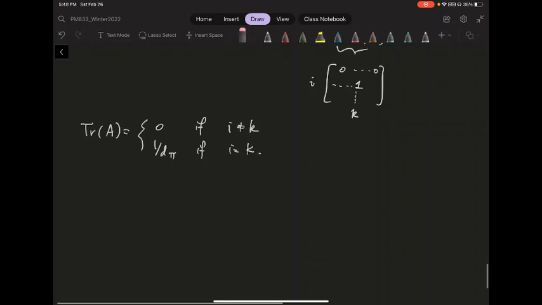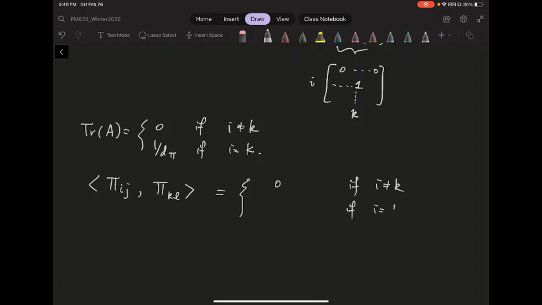So basically we plug this back into our formula. If I take the inner product of pi ij with pi KL, a lot of the time that's going to be equal to 0. If I is not equal to K, that's 0 because A is 0. But if I is equal to K, then we end up with the following.